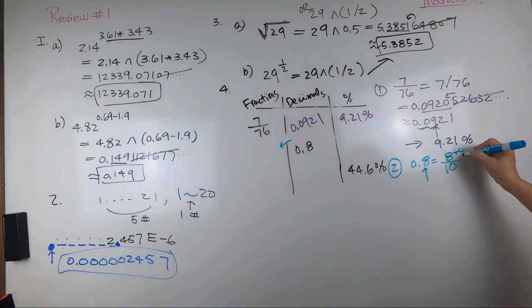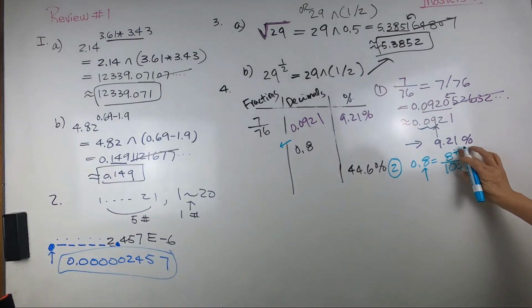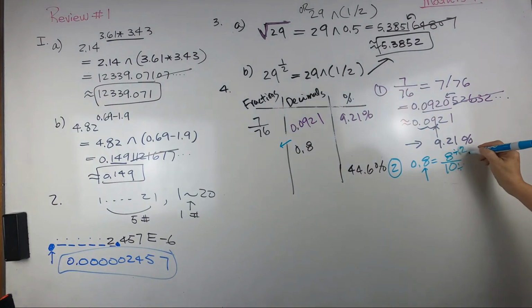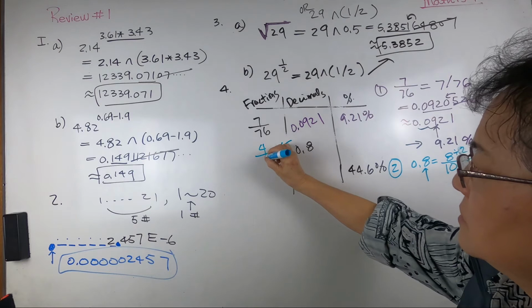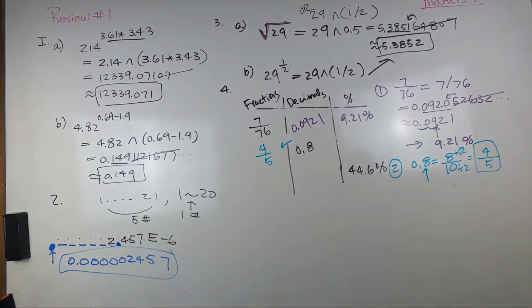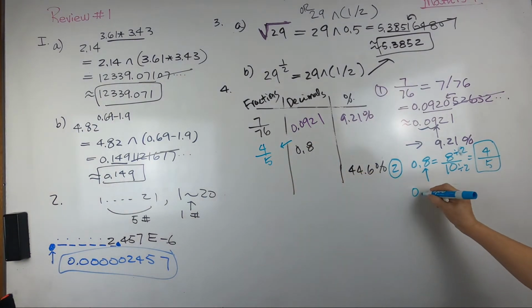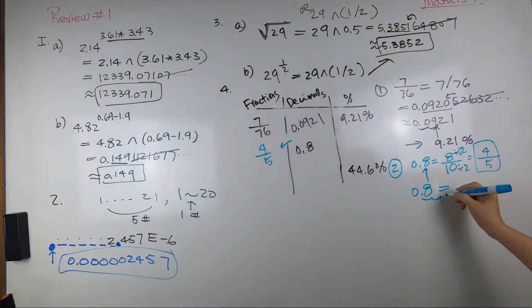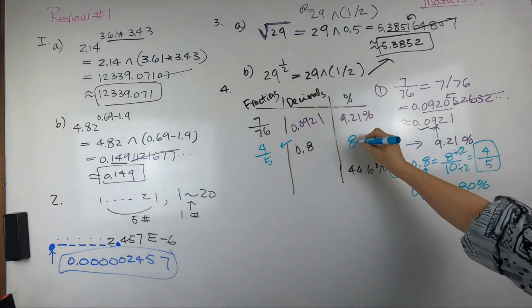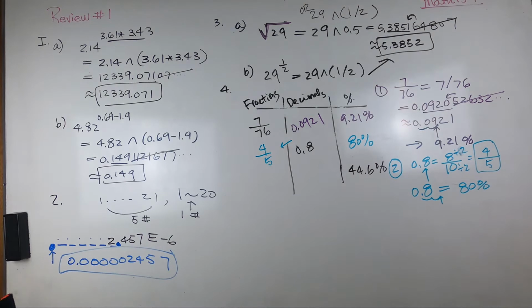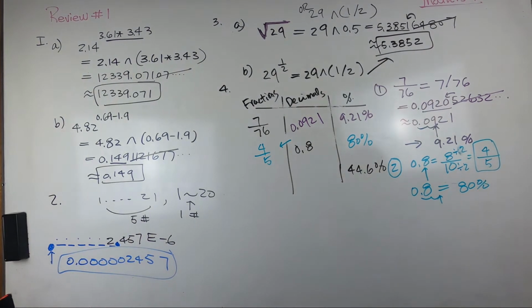So you need to know how to simplify it. Divide by 2. If you don't know how, you need to go to the Children's Center. Okay? So that's 4/5. Then 0.8, change it to percentage, per 100, so that would be moving 2 places, your 80%. Is that right?